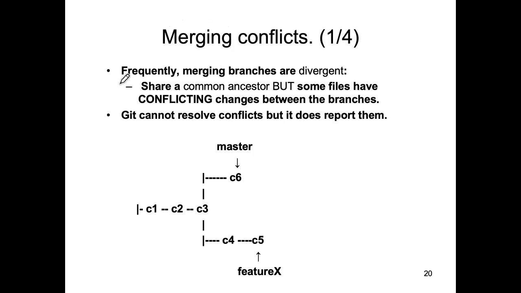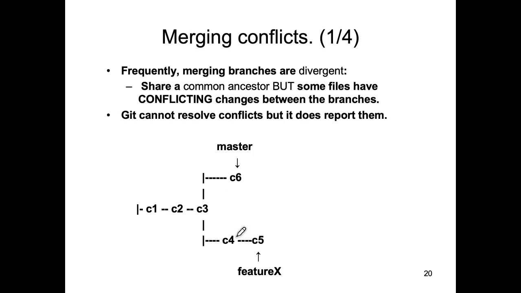But when you try and merge diverging branches, there can often be what we call conflicting changes. And Git can't resolve these conflicting changes, but it tells you where they are. Now, what I mean by that is if we look at our scenario here, it's quite likely that this C6 commit may have changes to files that were also modified in these two commits here.